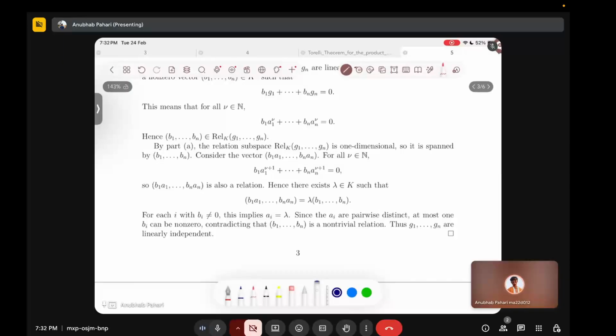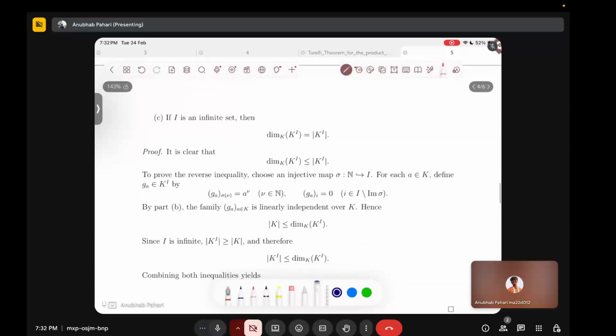This implies ai equals lambda for all i. Since the ai are pairwise distinct, at most one of the bi can be non-zero, contradicting that (b1, ..., bn) is a non-trivial relation. Thus g1 up to gn is linearly independent.